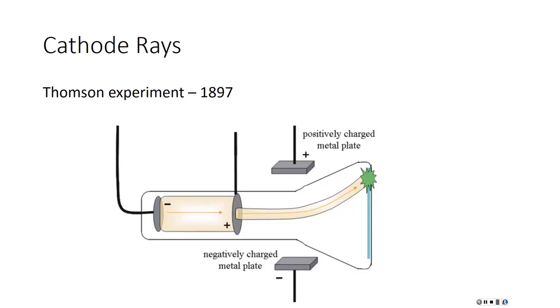It's got to be something else that's present in all different metals that's ejected out and then curves towards the positive thing here. He called them cathodes. Nowadays, we actually call them something different. So it's a particle that's present in all atoms, and it has a negative charge on it, so that it's directed towards the positive plate.